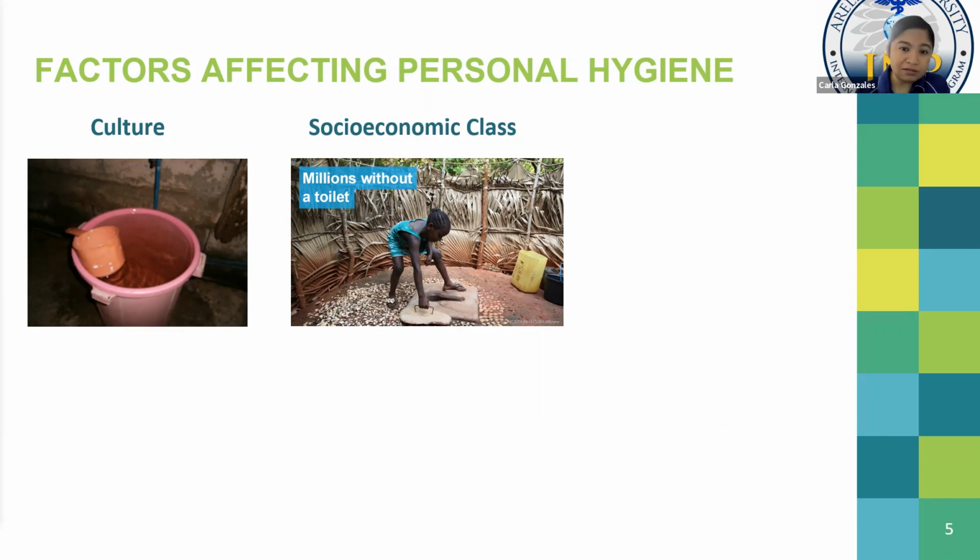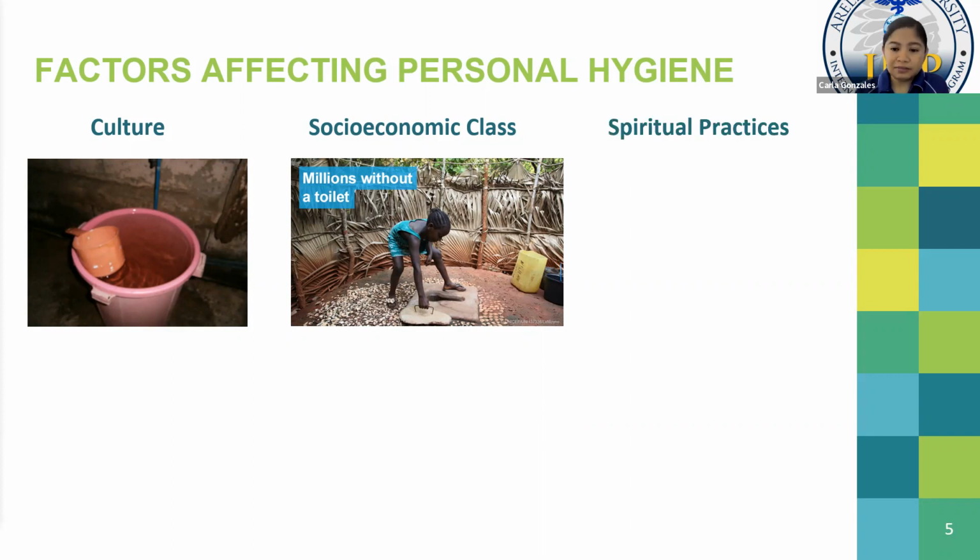Even in the Philippines, there are some far-flung communities which still do not have a toilet. What they usually do is just dig a pit in their backyard, and that is what they use as a toilet. And then of course, even in some countries.